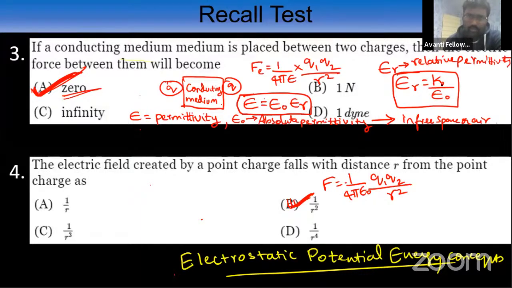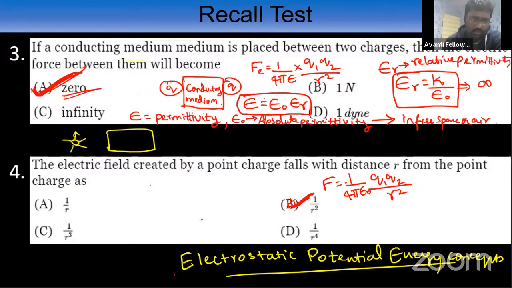Now, the relative permittivity of a conducting medium is infinite. Why? I think Hari Prasad had given that answer. So if you remember, inside a conductor, what happens when we bring a charge?